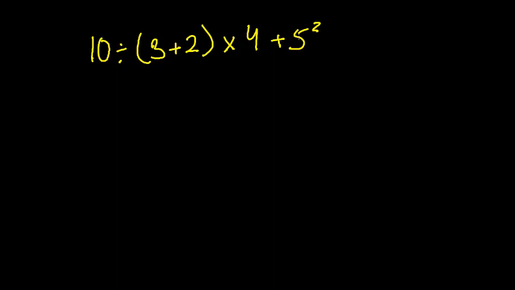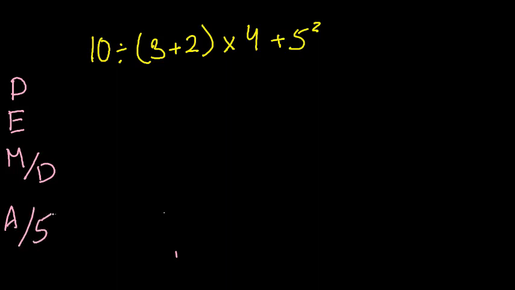So how would I solve this math problem using order of operations? So in short form, the order of operations is PEMDAS. That's the short form. So what do each of these letters stand for?